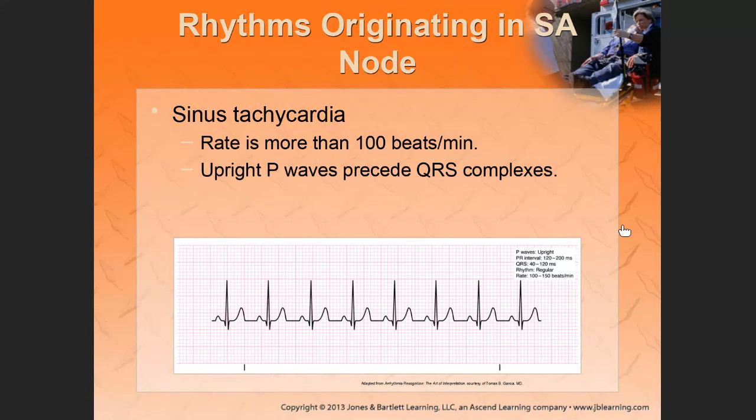Is the QRS complex width less than 3 small boxes? Yes. Is the PR interval within normal range, 5 to 3 small boxes? Yes. So the origin of the rhythm is sinus, right? Because you can see all of the waveforms clearly. It is sinus in origin.